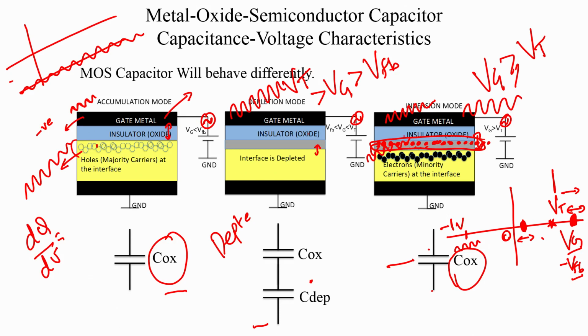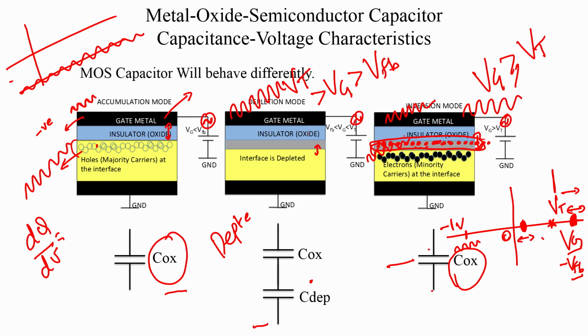The condition has to do with the frequency of the AC signal that we are using to make this measurement. In the accumulation mode we had holes appearing at the interface, and there are plenty of holes in the semiconductor, absolutely no problem, you have enough holes for them to respond to your applied gate voltage.